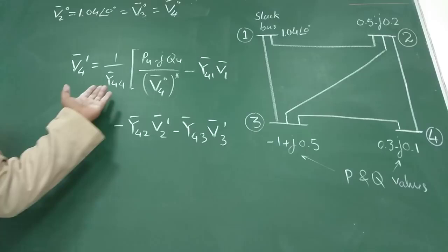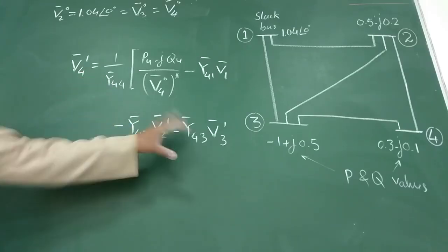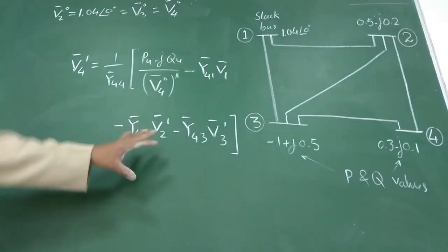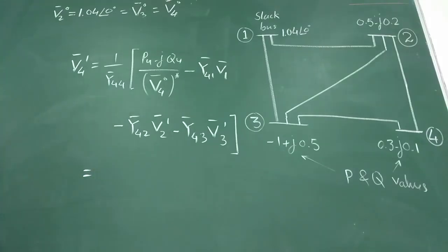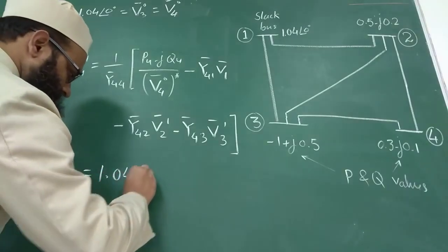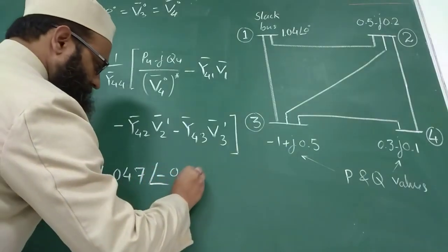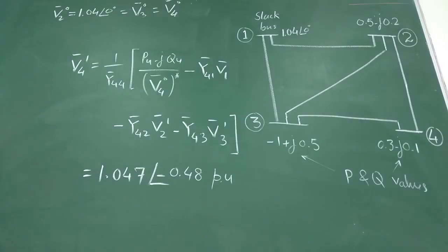No, because I is not equal to k and I is 4, so it's not equal to 4. So the values of these three terms will be substituted here, and finally it will be, just write down, 1.047 angle minus 0.48 per unit. Just cross check it at home.